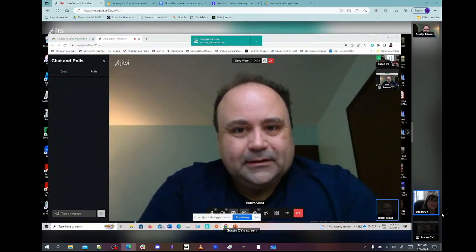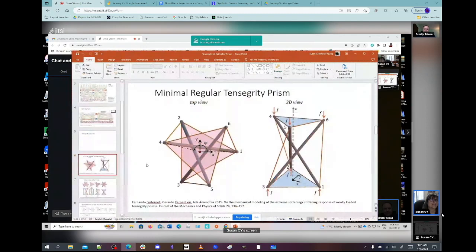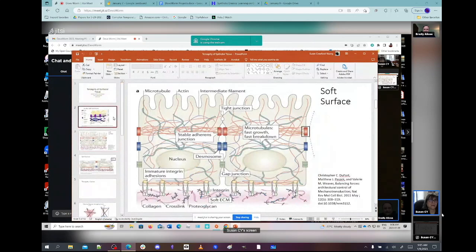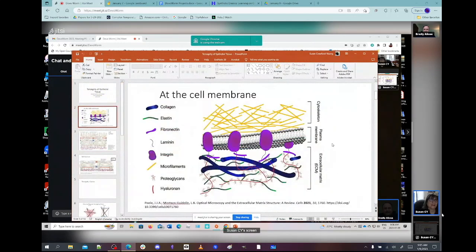And then you show the PowerPoint. I start off with this. I kind of wanted to show you this. I turned this upside down, but the cytoskeleton is represented here by microfilaments.